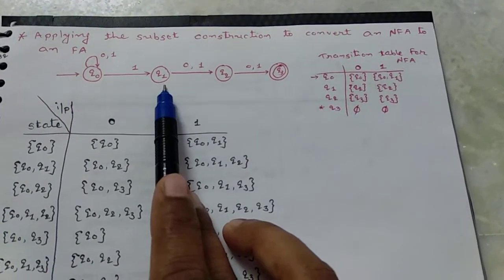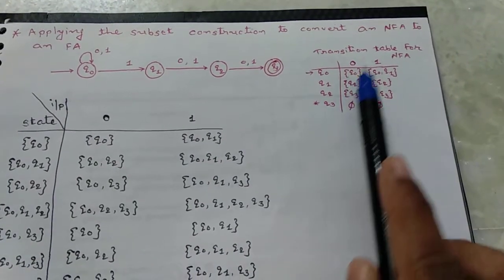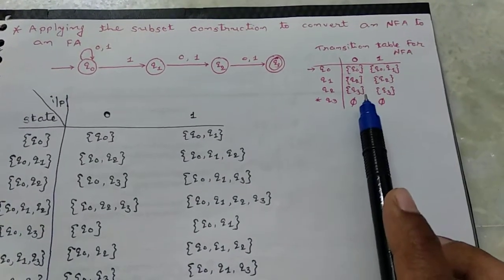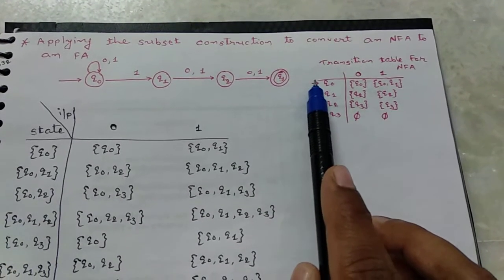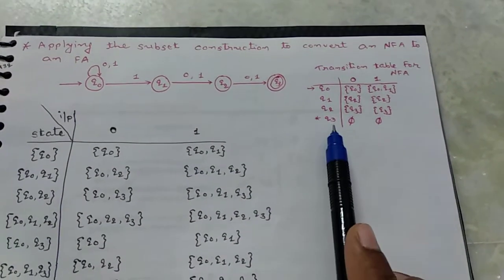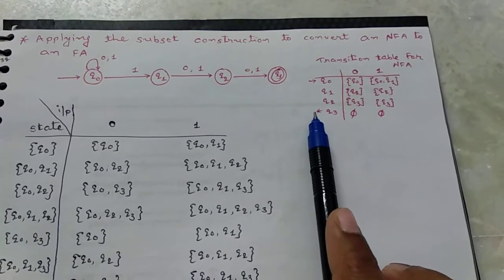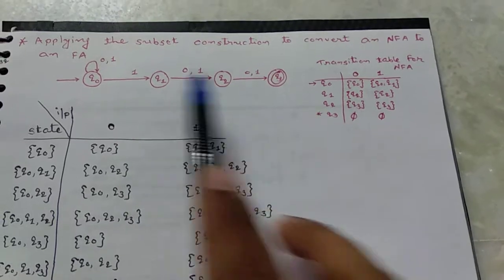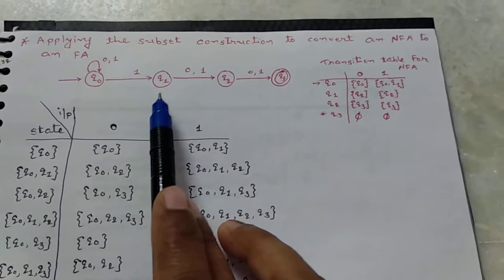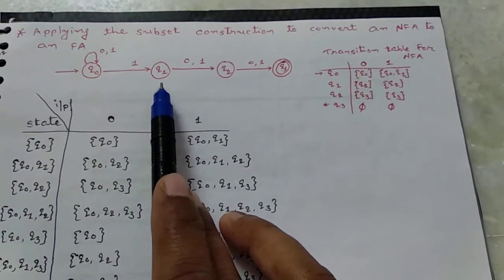From the NFA, draw the transition table. Here Q0 is the starting state, indicated by an arrow, and Q3 is the final state, indicated by an asterisk sign. From these details we construct the FA for this NFA.